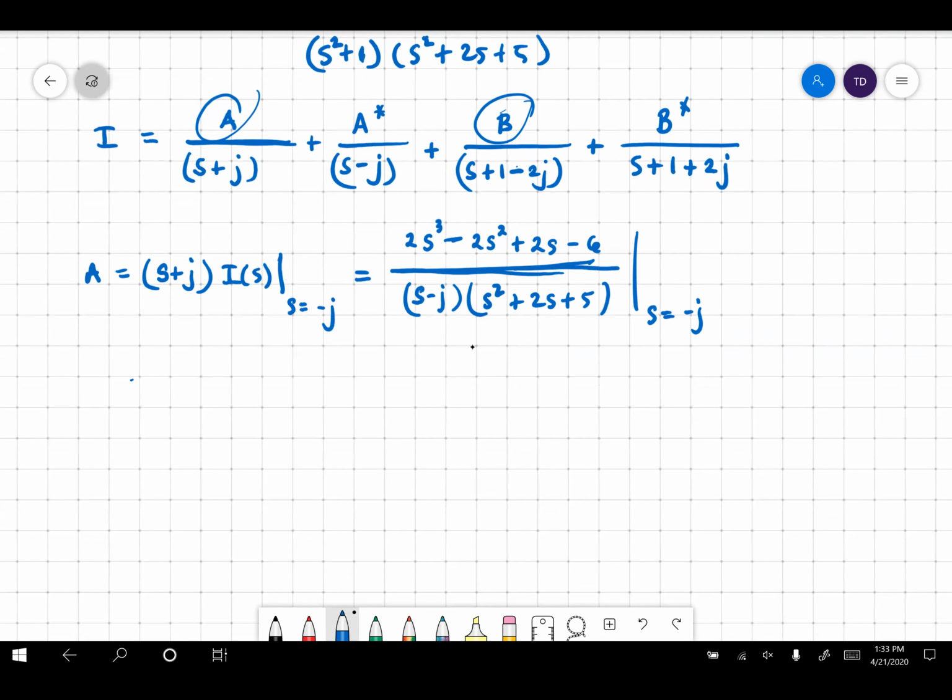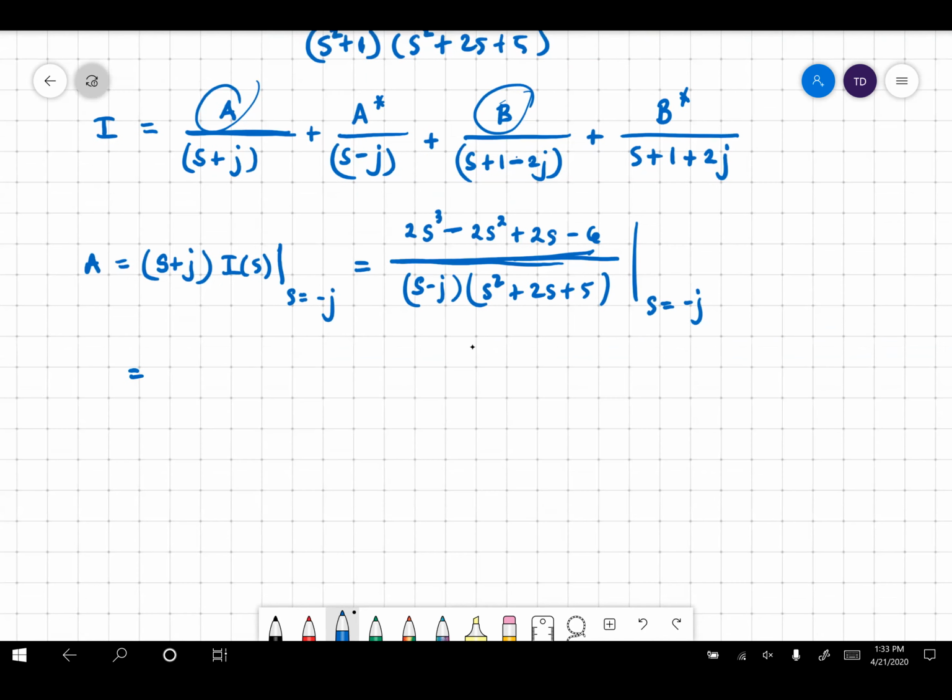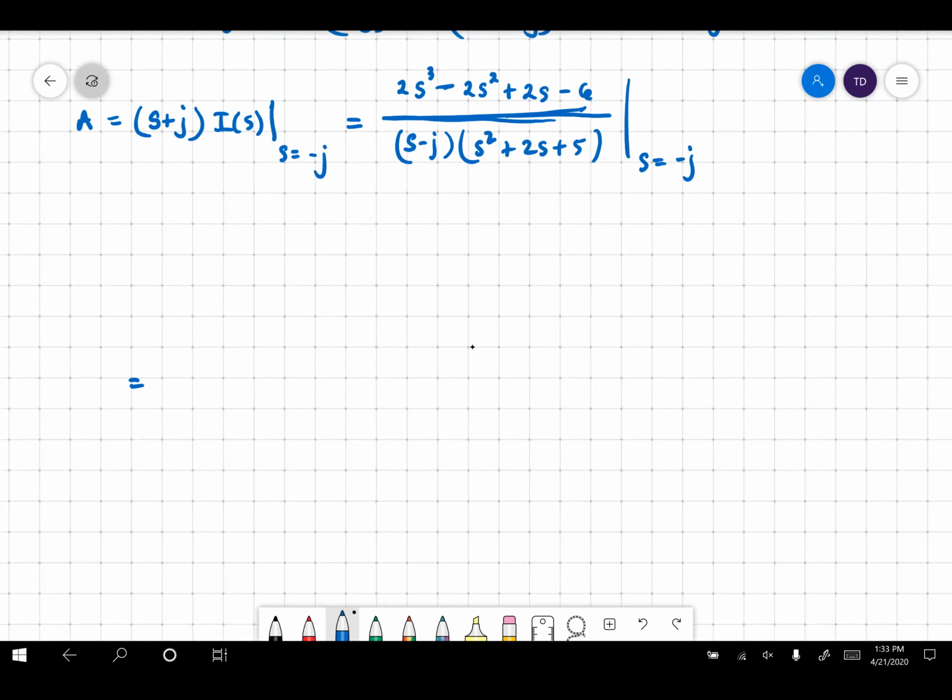Okay, let's see what that's equal to. So minus J cubed. What's minus J cubed? Let's plug them in so you can see what I'm doing.